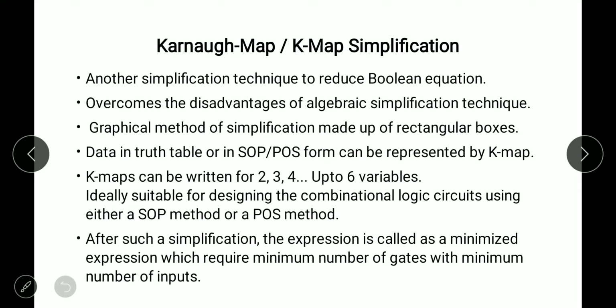It is a graphical method of simplification made up of rectangular boxes. Data in a truth table in SOP and POS form can be represented by a K-map. K-maps can be written for 2, 3, 4 up to 6 variables, ideally suitable for designing combinational logic circuits using either the SOP method or the POS method. After such a simplification, the expression is called the minimized expression, which requires a minimum number of gates and a minimum number of inputs.